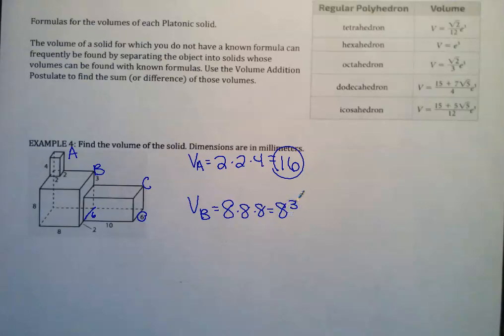We could have used the formula up here for the hexahedron, the edge cubed, either one. So what is 8 cubed equal? It's 512. All right, 512.